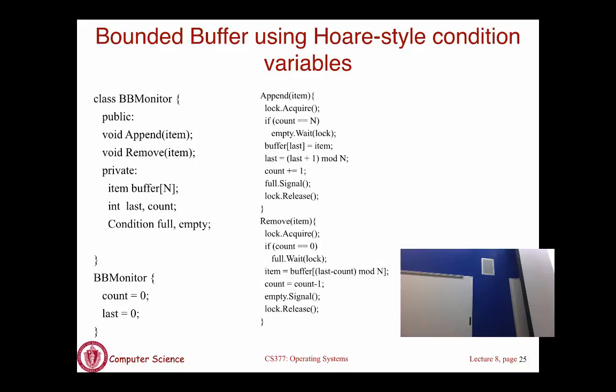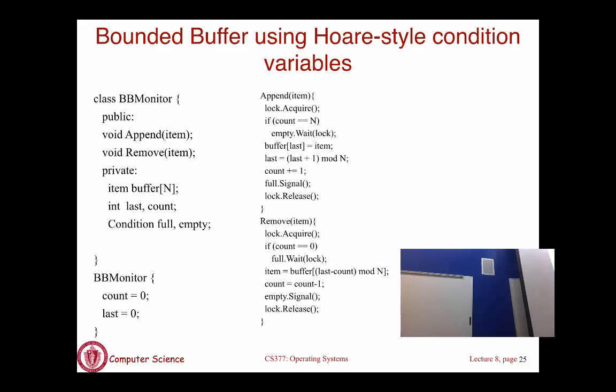Here we will have 2. The 2 condition variables are going to be called empty and full. One checks whether it's full and the other checks whether it's empty. If you look at the code there, you say if the count is equal to n, that means there are n items in the buffer, so it's full. That's an array of size n. So the buffer is full, put the producer to sleep.